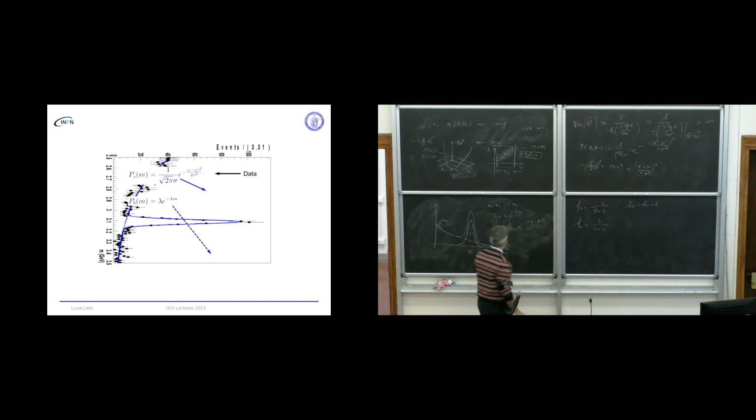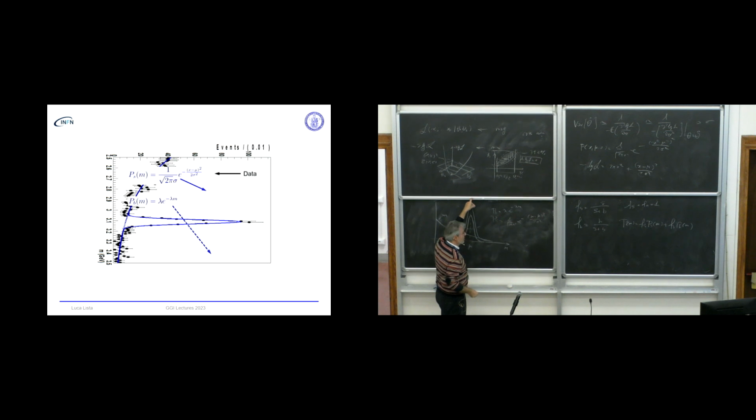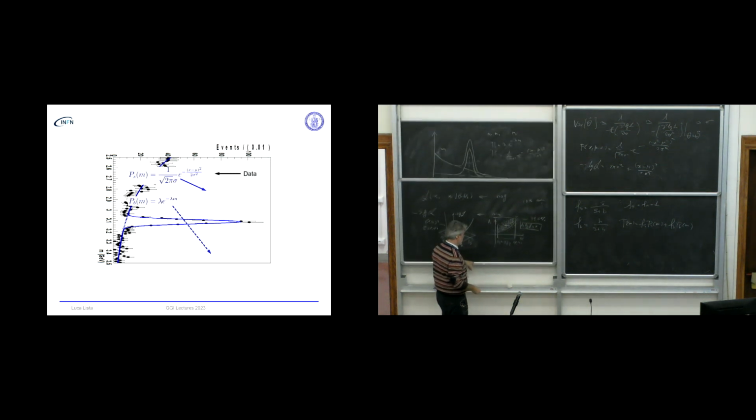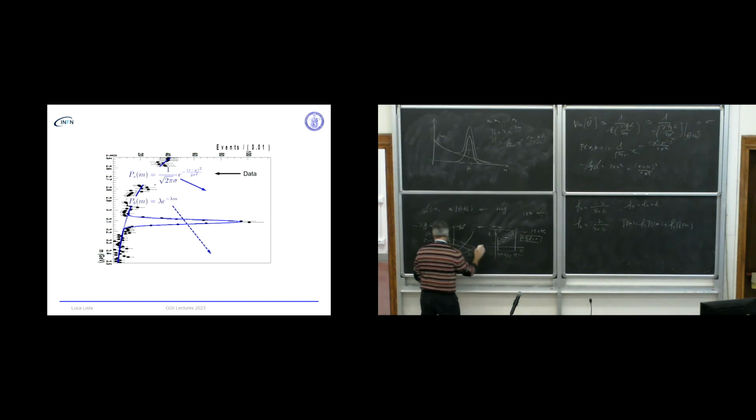So what is the probability distribution for the two? I can just put the two together. So I have P of m equal to Fs times Ps of m plus Fb Pb of m. Okay. And what is the likelihood function that I can build for this model? It's just, since I have many independent measurements, I can write a likelihood function that is the product of many of these guys.